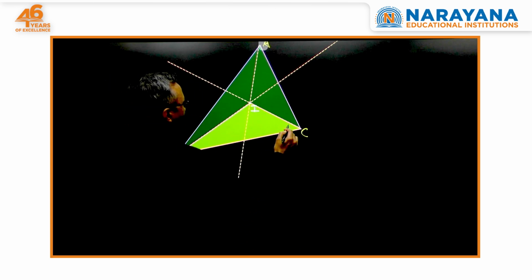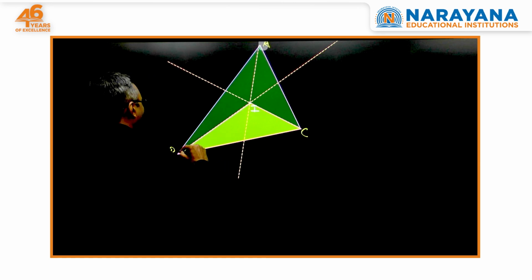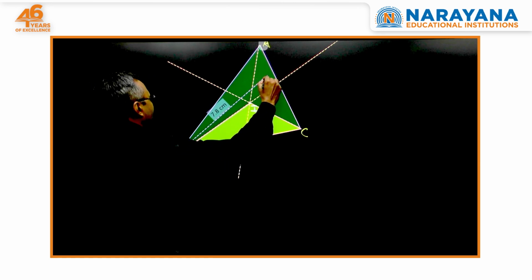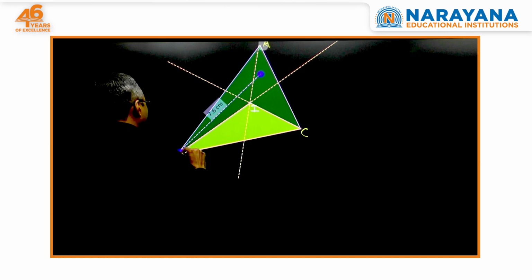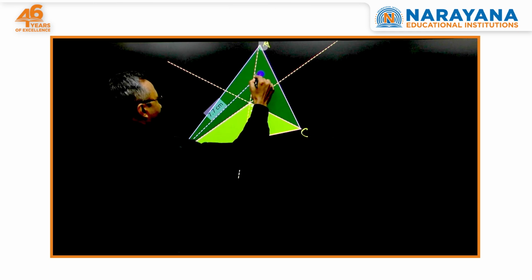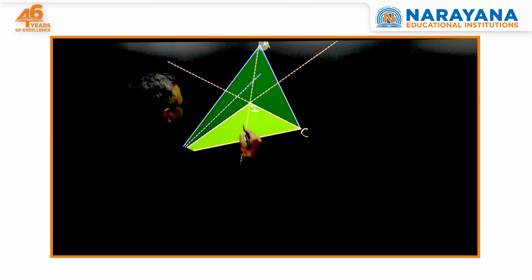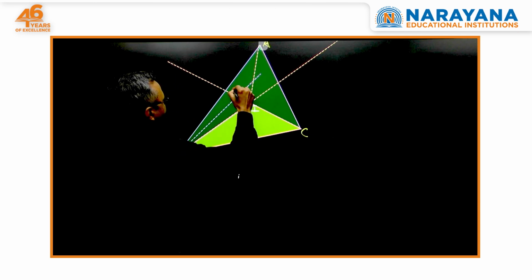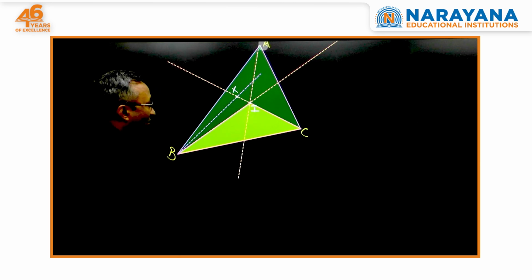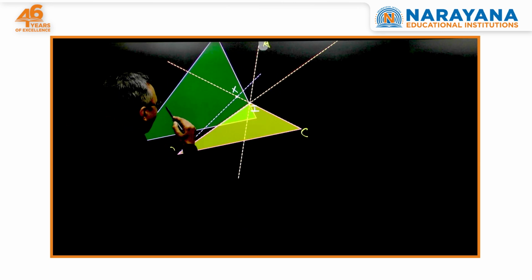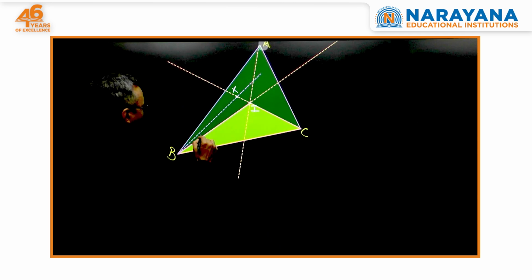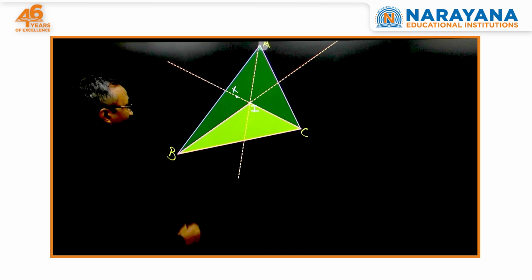So suppose if I draw such an angle bisector of ABI, I get a point of intersection, let me name it X, on CI extended. The role of this internal angle bisector was only to take me to X, that's it.